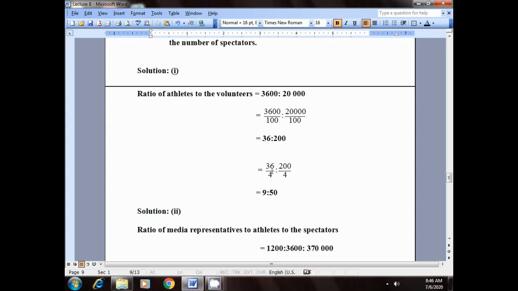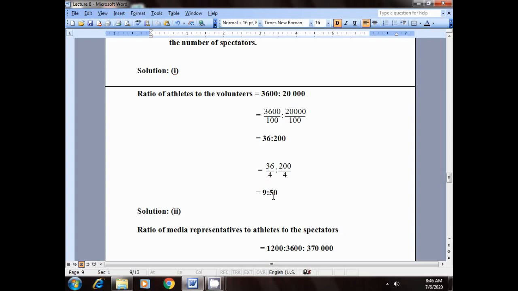Now 4 times 9 is 36 and 4 times 5 is 20, 0 will be written as it is. Now this is the ratio of athletes to the volunteers. Now you see the ratio of volunteers is greater 41 times than the ratio of athletes.